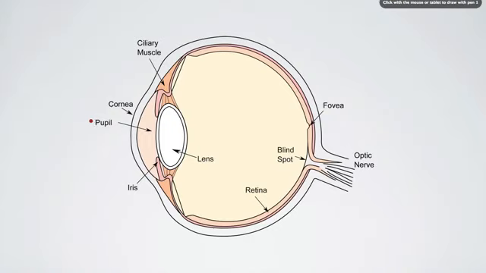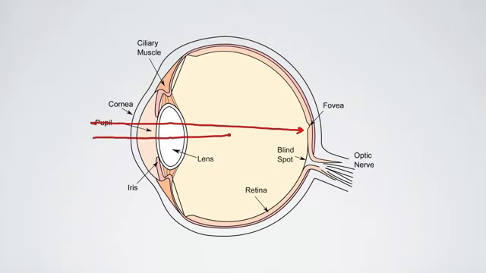So let's stick with that, and let's say that light is bouncing off that young lady, and it goes through the pupil, and then through the lens. The lens focuses the light onto the retina, especially in the fovea where we have a lot of rods and cones. So that light comes in and it's focused onto the retina via the lens.